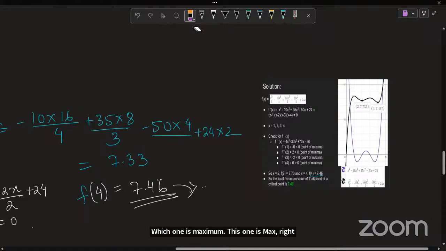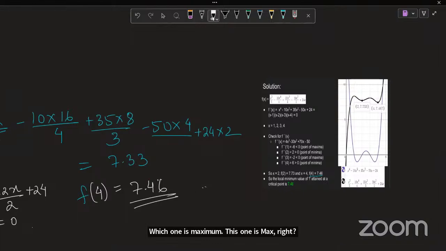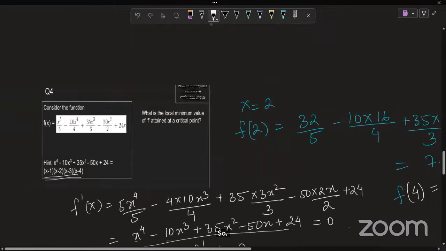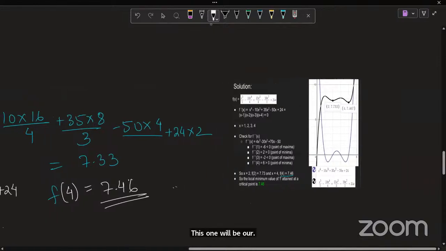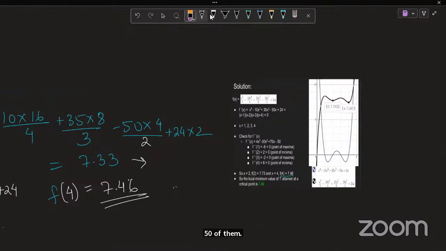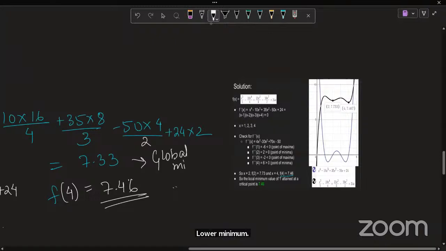So this one will be our global minimum, and this one will be our local minimum.